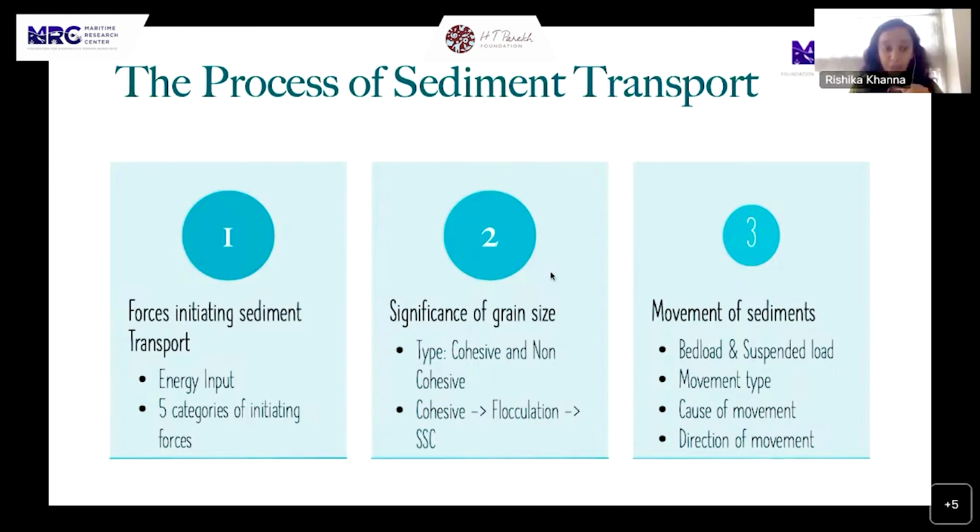So the energy input for initiating sediment transport is given by tides, waves, winds, and currents on the beaches and ports, inducing coastal erosion, sediment transport, and accretion. So naturally, five different categories of initiating forces are there: water level changes, tides, waves, currents, and stream outflow. I will go through each of them one by one.